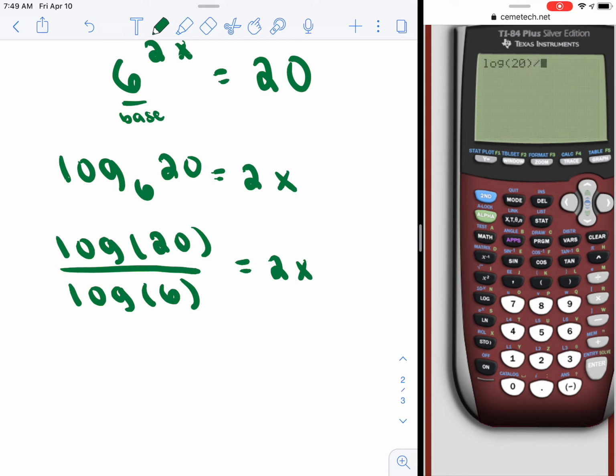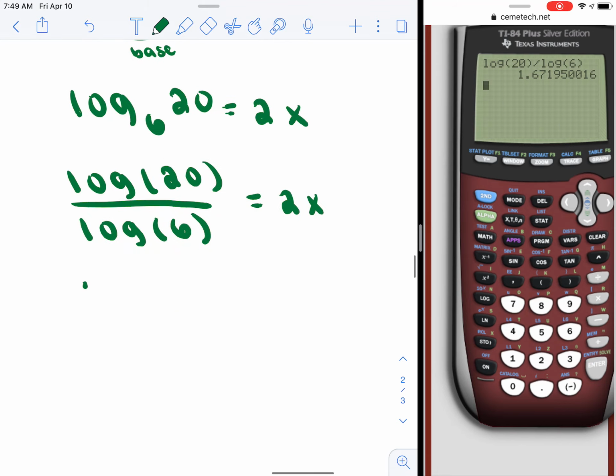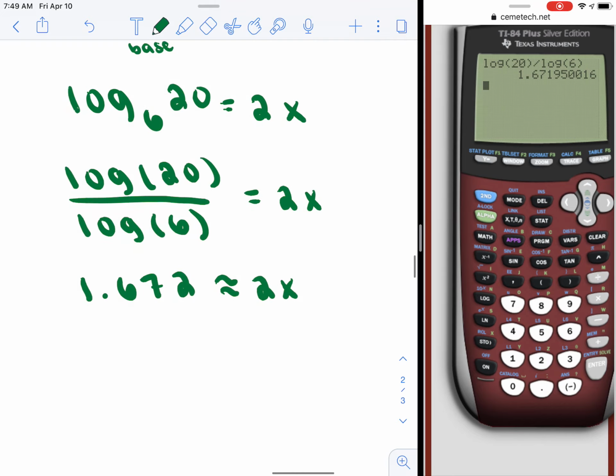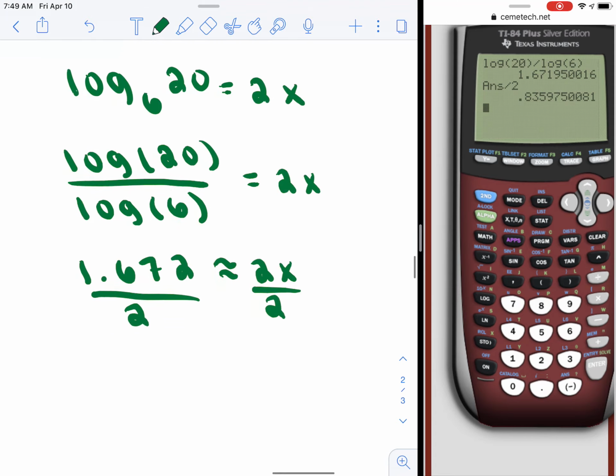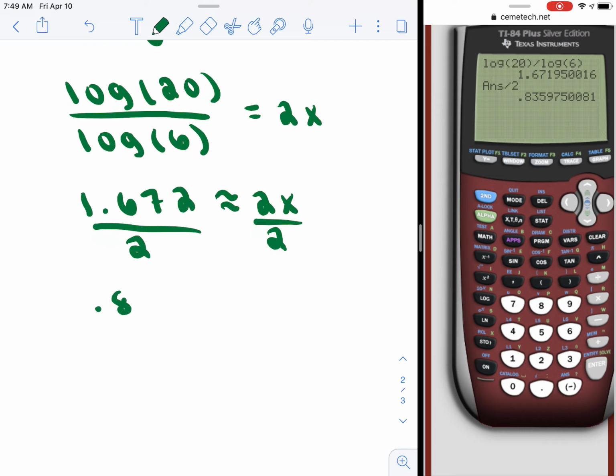Log 20. I'm slowing down. You get 1.672. And then note on this one, we're not adding or subtracting to get x. We have to divide that answer. So we get 0.836 equals x.